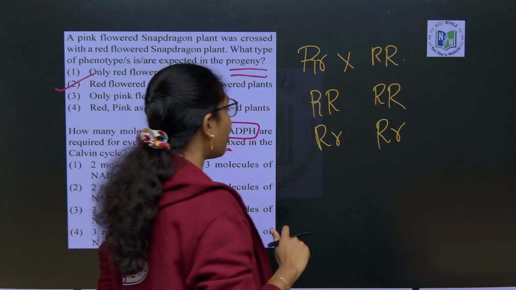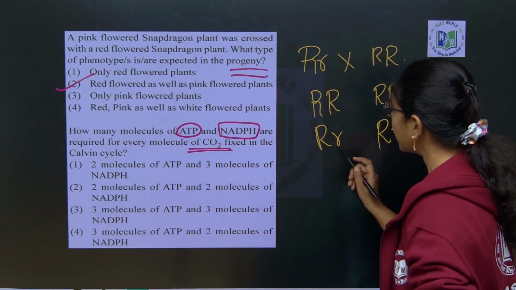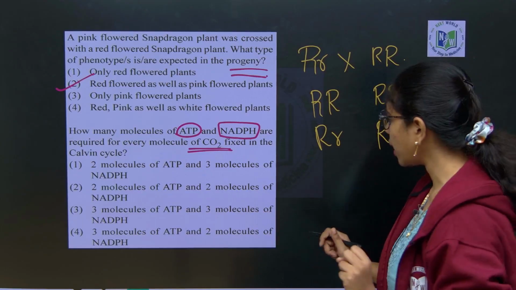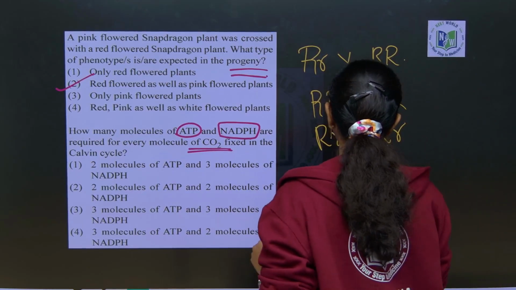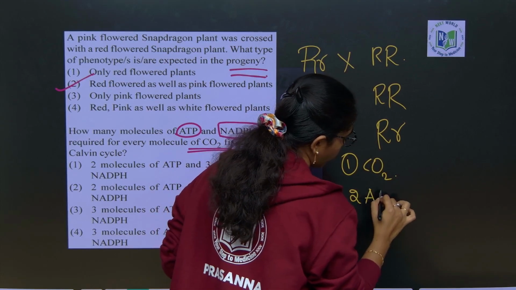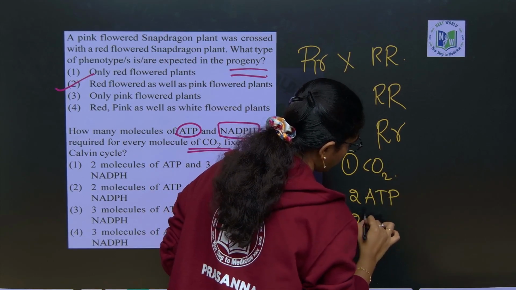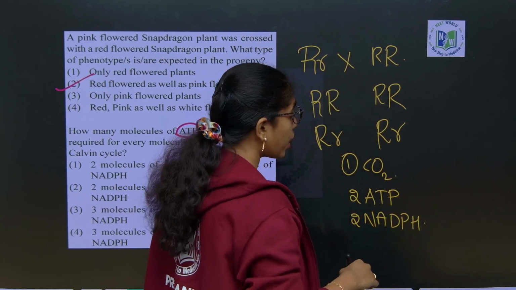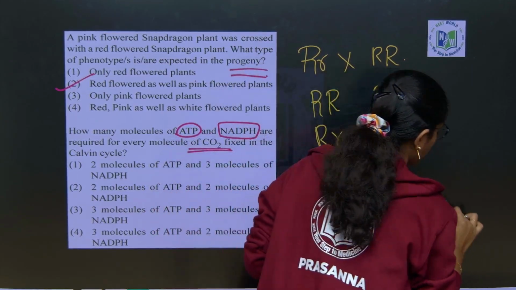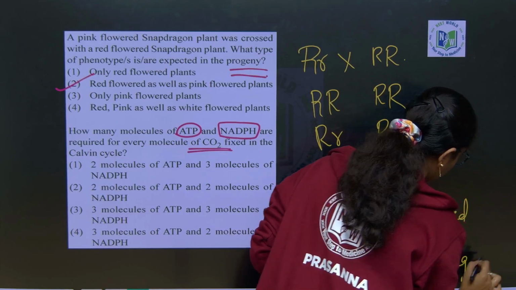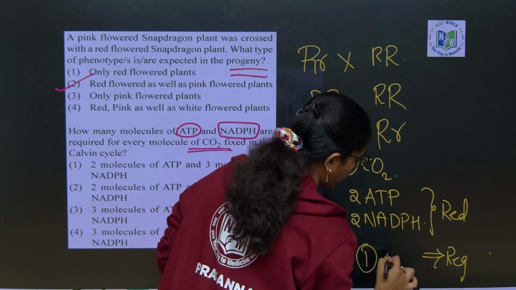Of course, during carboxylation no ATP and NADPH are required, but for reduction, for every carbon dioxide molecule, 2 ATP and 2 NADPH are required. Okay, that is during the reduction step, and during regeneration it requires 1 ATP.